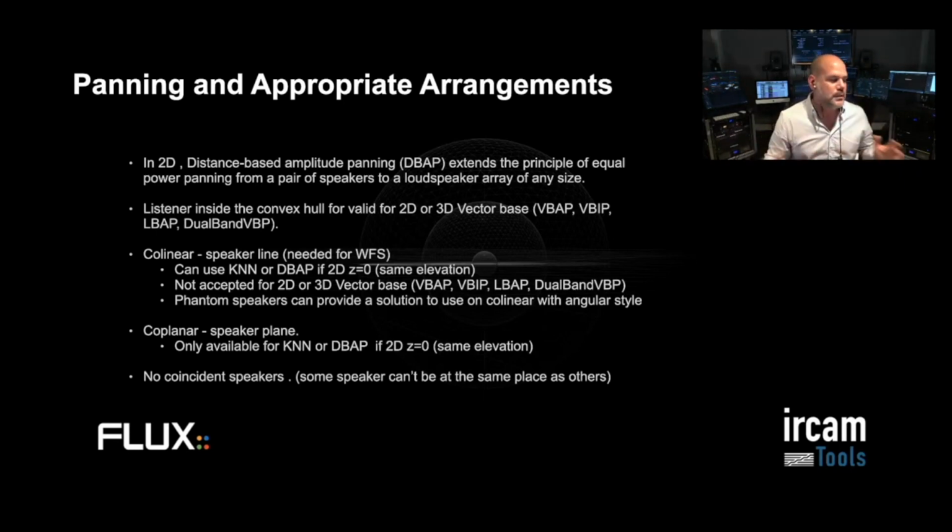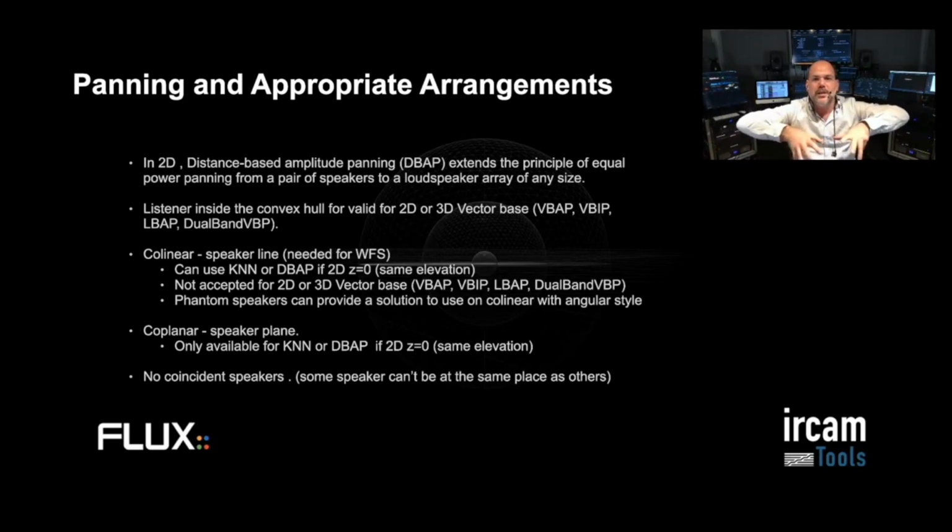So the first one to talk about is what we call, in 2D anyway, distance-based panning, which is basically what I could call equal power panning. I can show you this in 2 seconds. It is one of our 2D options that works quite well for non-sweet spot centric systems, irregular systems, museum installations, very wide distribution of audience.